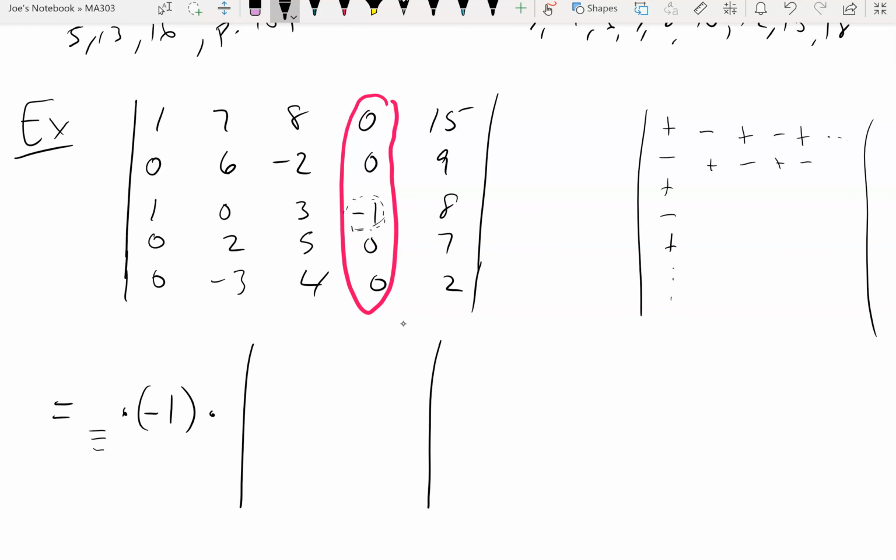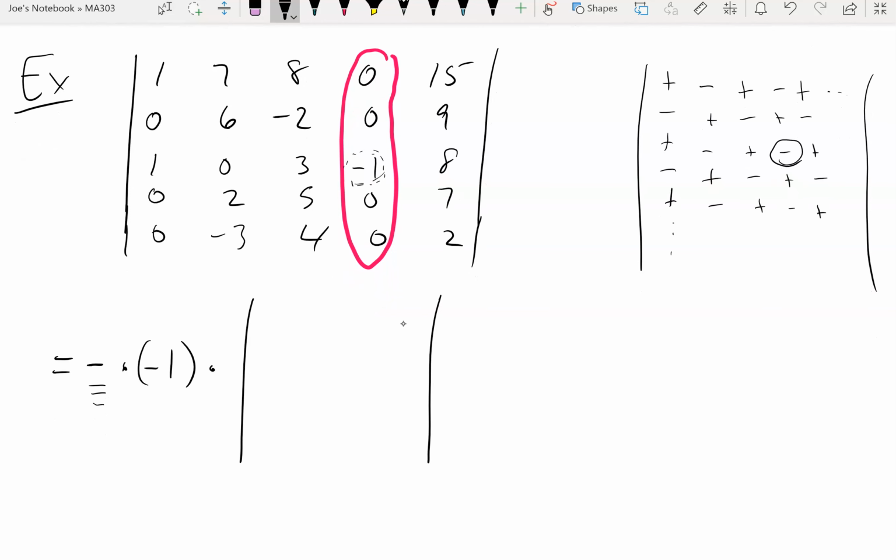And like I mentioned in the video, you should always see plus signs going down your diagonal. Okay? So where this -1 corresponds to right here, doesn't it? So that should have a negative sign out in front.